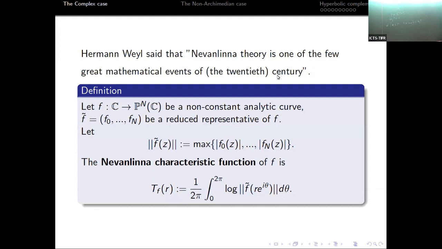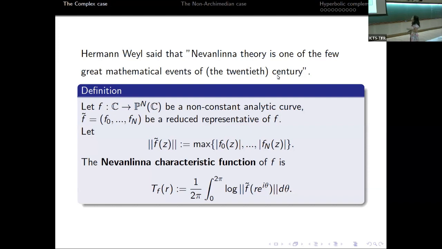Actually, Nevanlinna was a Finnish mathematician in the 1920s, and he first started with meromorphic functions. That means functions in low dimension. But I want to tell you about more general topics. So I will start in high dimension first, and then I will go back to what Nevanlinna has done.